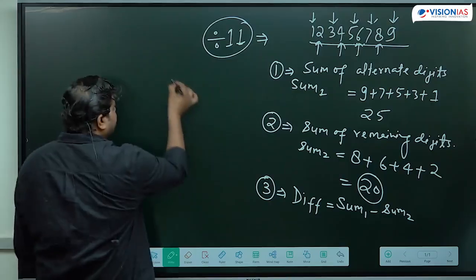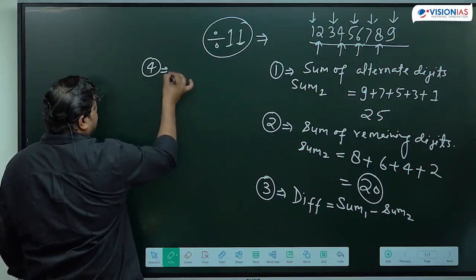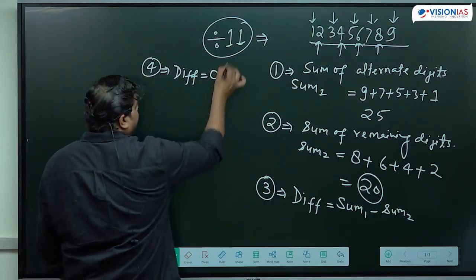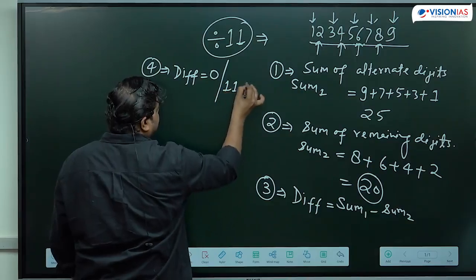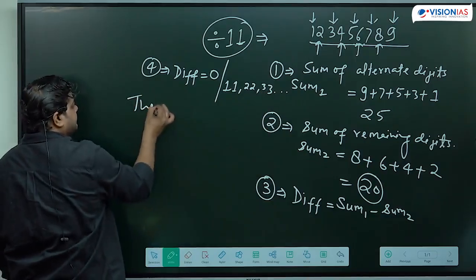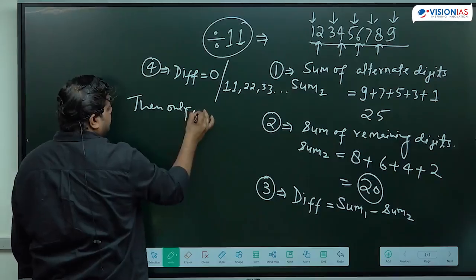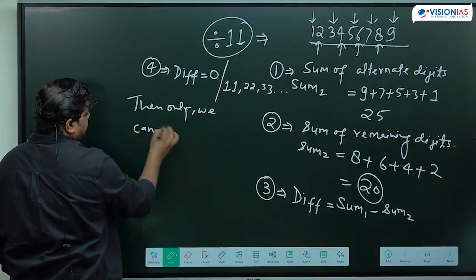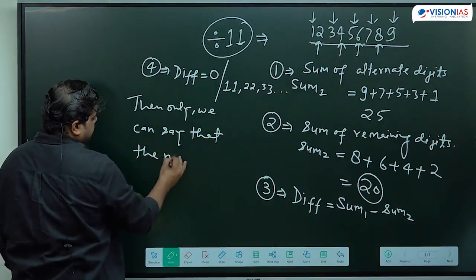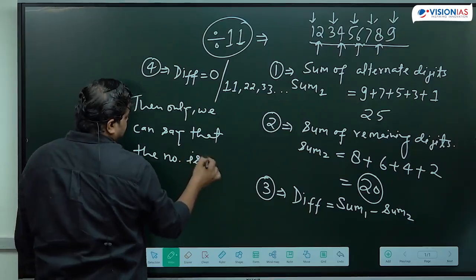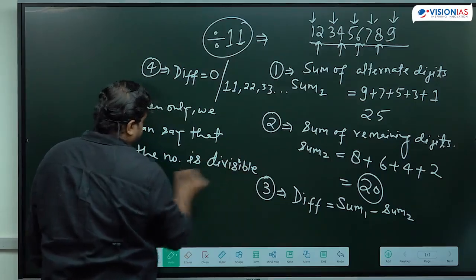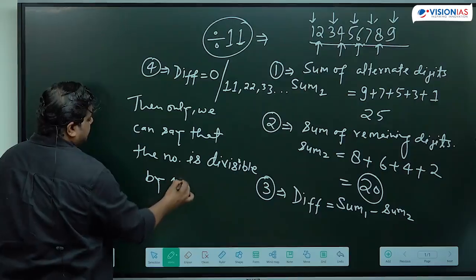Then fourth step में what we do? If this difference is 0 or it is multiple of 11, then only we can say that the number is divisible by 11.